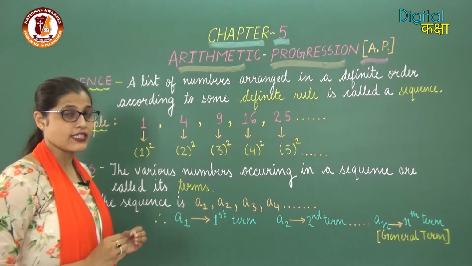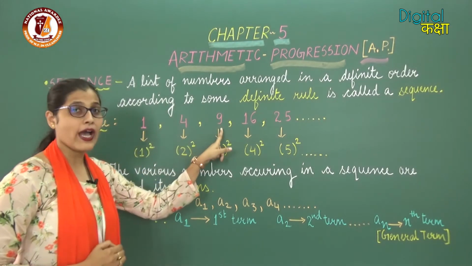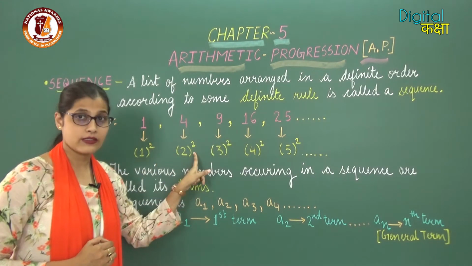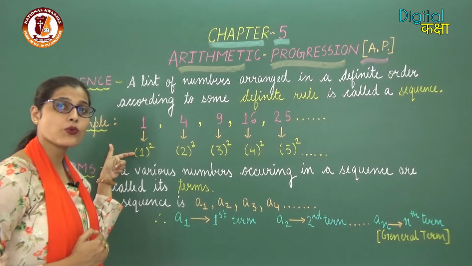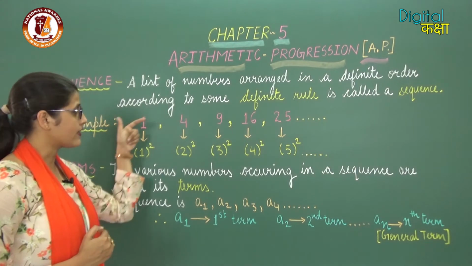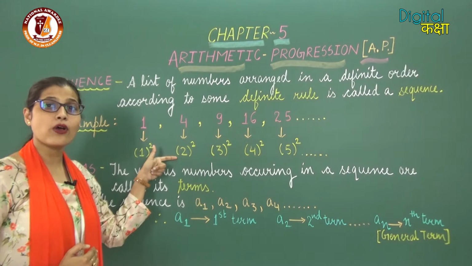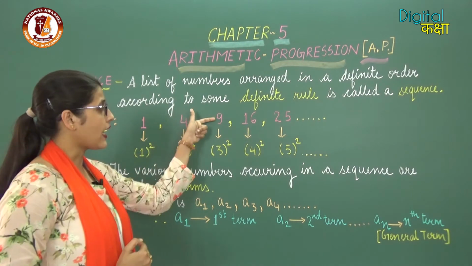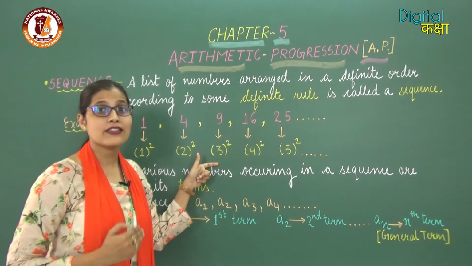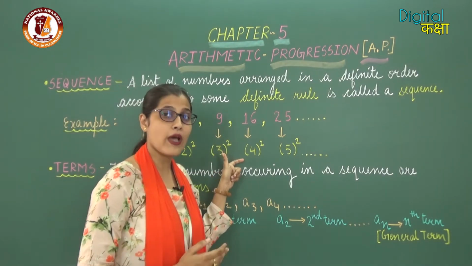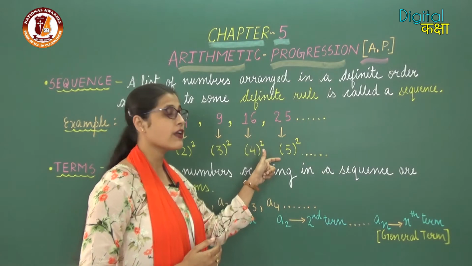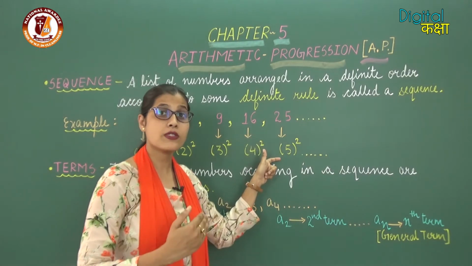Each number is a square of the given numbers, which means that I can write 1 as the square of 1, 4 as the square of 2, 9 as 3 square, 16 as 4 square, and 25 as 5 square.